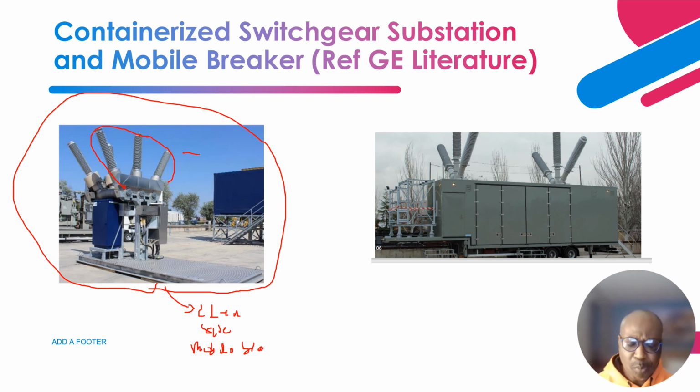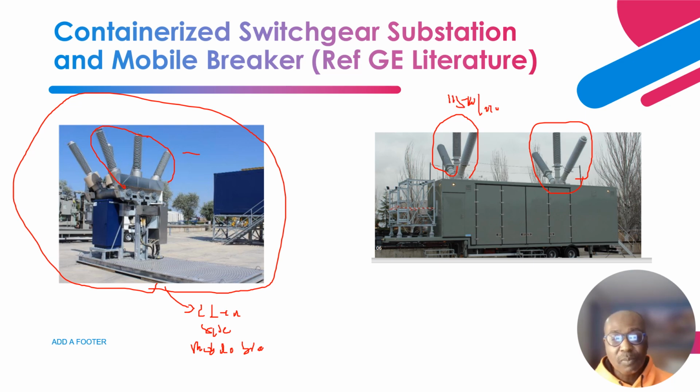And sometimes some of these substations and switchgears can be containerized, right? Okay, so as you can see over here, these are the connections to the high side, right? 115 kV, 230 kV, 115 kV, 230 kV, right? And a lot of these things are done based on their containerized, modularized scheme, based on the environment.